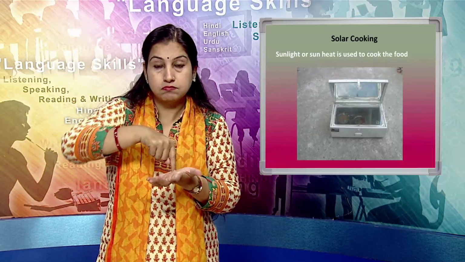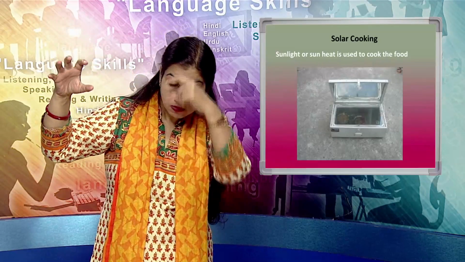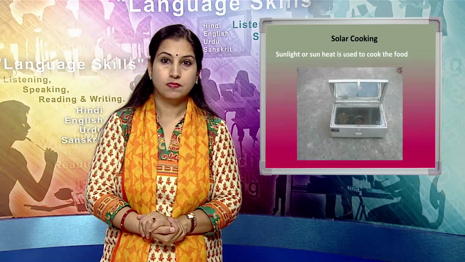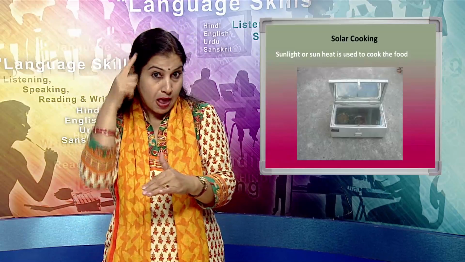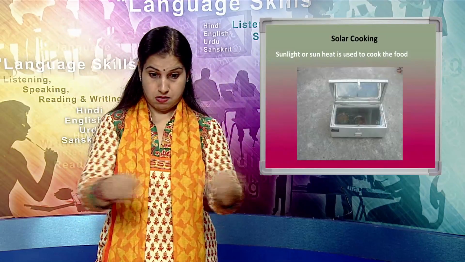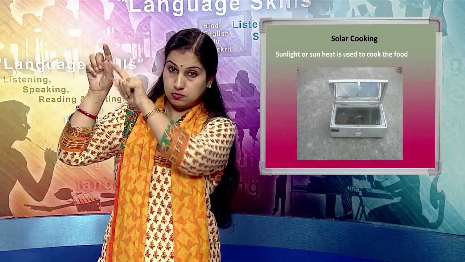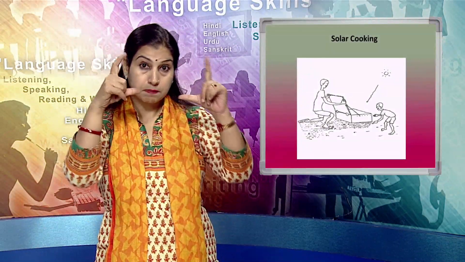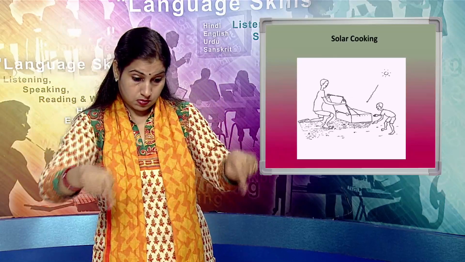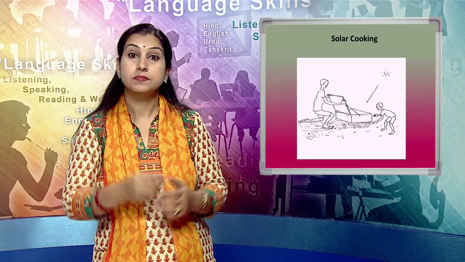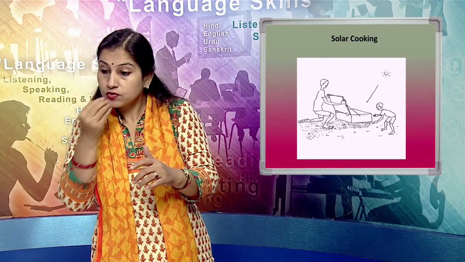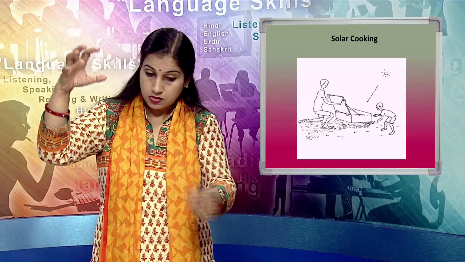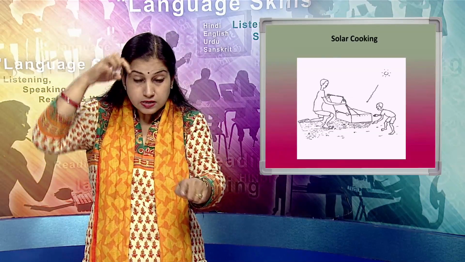In order to trap the sun heat, a box is designed, with black color inside, and a mirror and glass on its lid. This is a picture of a solar cooker. Inside the box, food containers are placed, and the box is placed under the sun so that it absorbs maximum heat of the sun.